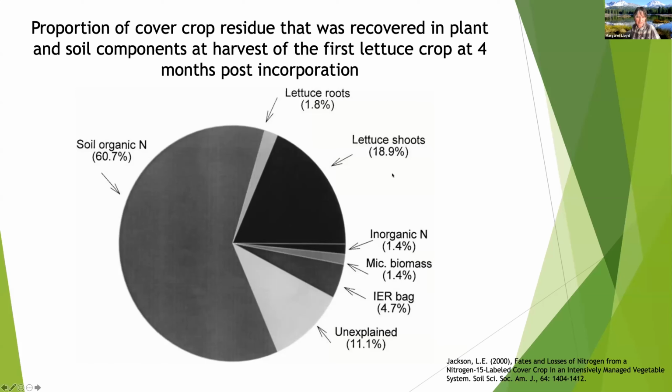And where did the rest of that cover crop nitrogen go? A lot of it went into soil organic nitrogen, which is what Daniel was talking about. A small amount remains tied up in the microbial biomass. This section here describes what would have been potentially leached. So I just have this here to further illustrate this idea that our crops are only taking up some amount of the nitrogen from these cover crops or crop residues following incorporation.